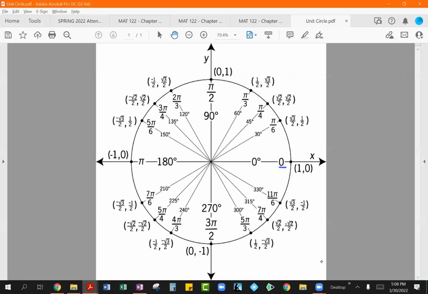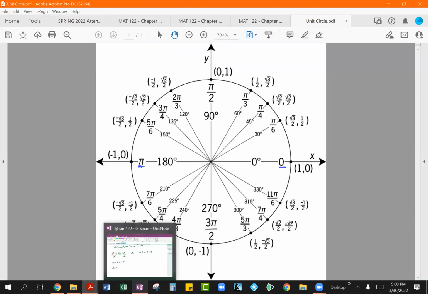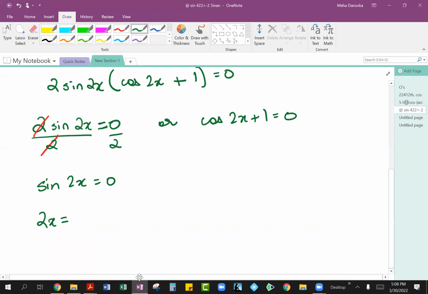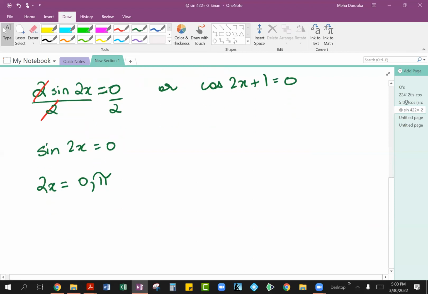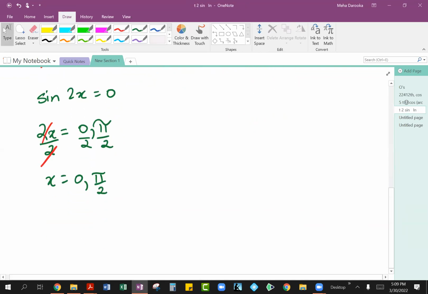So we know sine is 0 at angle 0 and at angle pi. So that's what you're going to get over here, 0 and pi, which, again, what do you think we'll end up getting for x over here when you simplify this? 0 and pi over 2. Yeah, exactly, because you'll divide each one of these by 2 to get that x by itself, and you'll get 0 and pi halves.